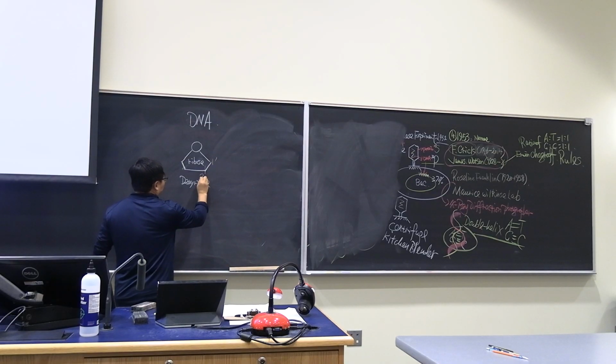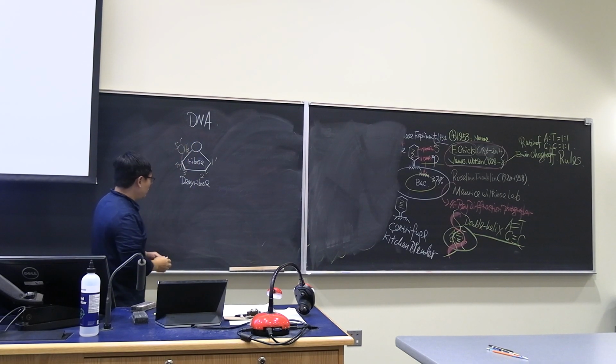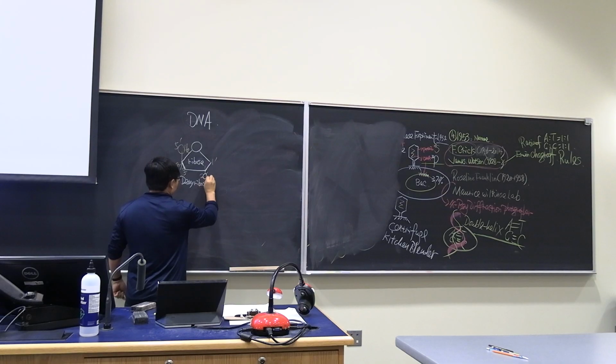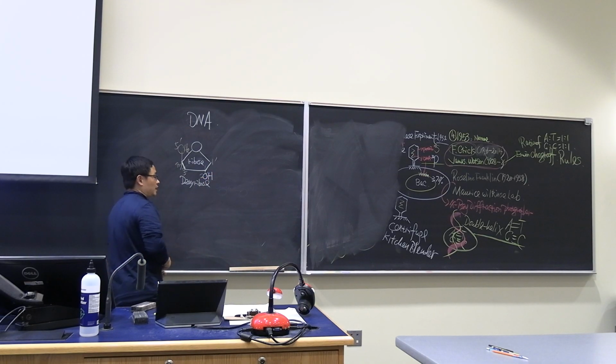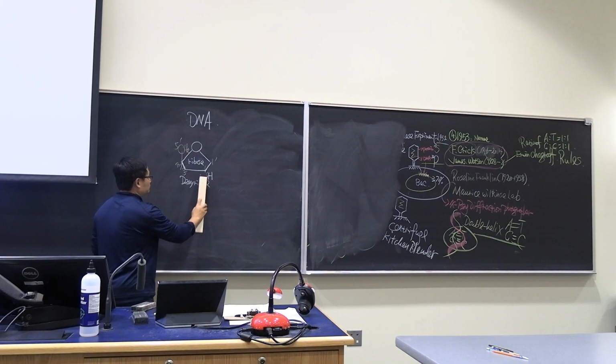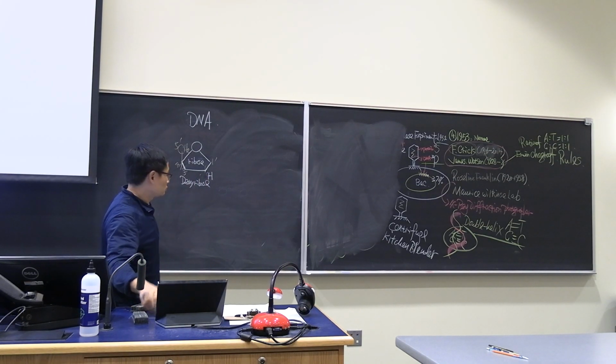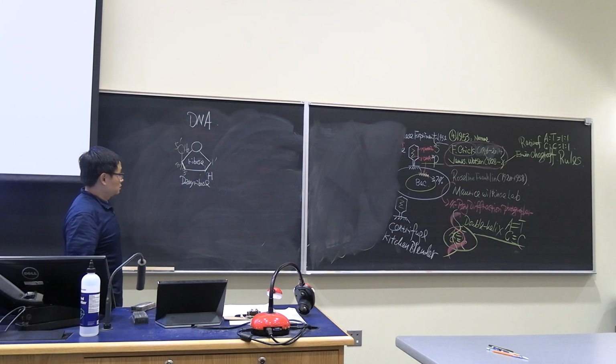Carbon number 1, carbon number 2, number 3, number 4, number 5. At carbon number 2, instead of having an OH, this is gone. That's called deoxyribose. So that's the center.